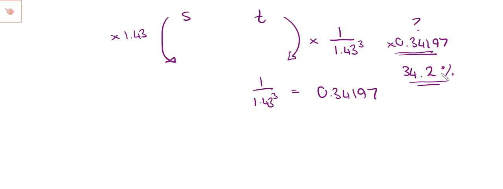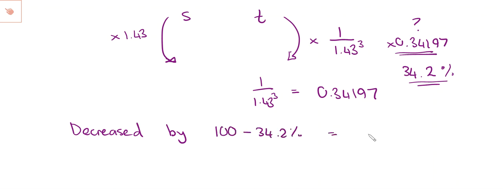No, so then T decreased by 34. Almost. No, you have to do 100 minus 34.2%, which is 65.8. That's a decrease of 65.8%.